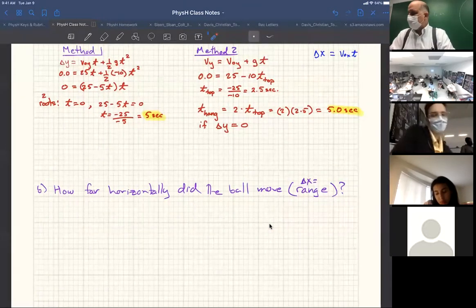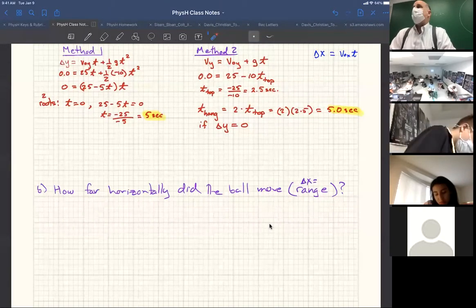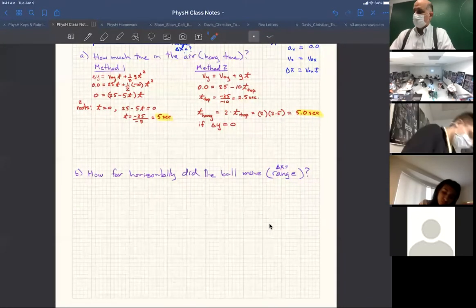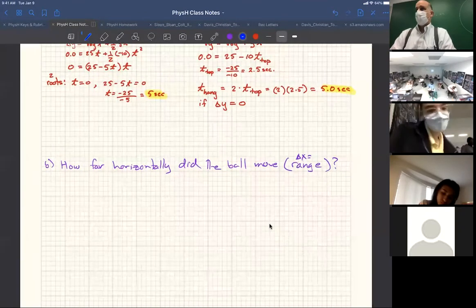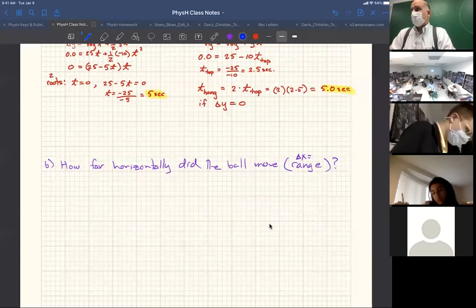Okay, so now we know the hang time. How far did the golf ball go, what was the range of the golf ball? How would we figure out the range?